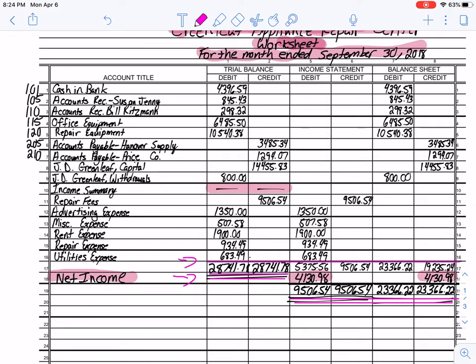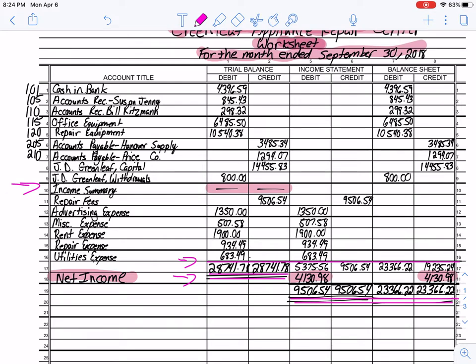At that point, it's important to understand where we're going to extend these balances over. The income summary account, this one right here, this line, is my breaking point. Everything above it, so cash and bank down to withdrawals, all goes over, extended over to my balance sheet. If it was a debit in my trial balance, it's a debit in my balance sheet column.